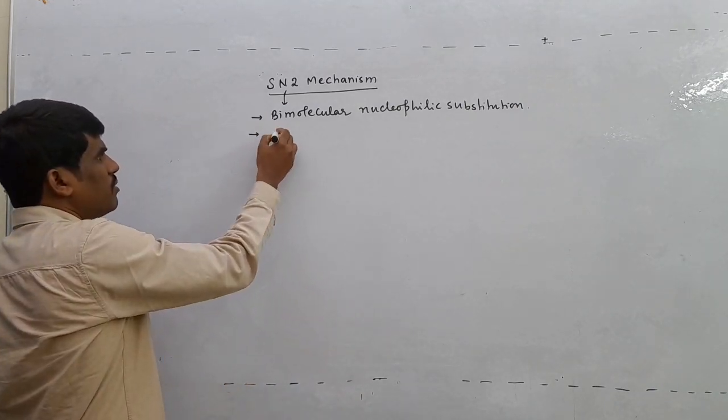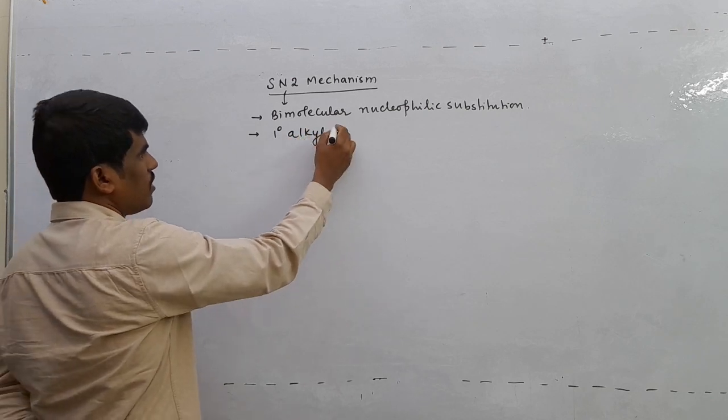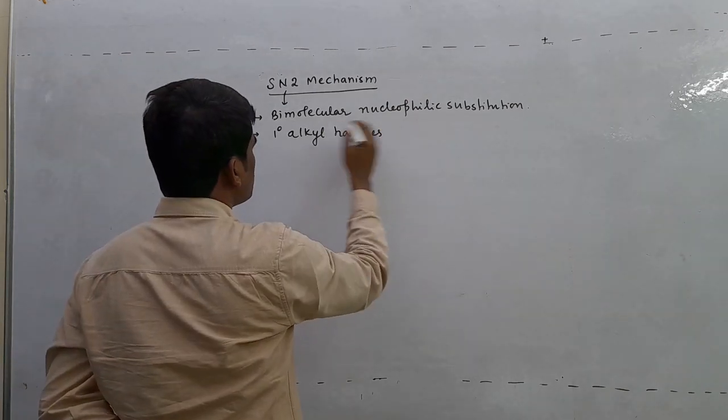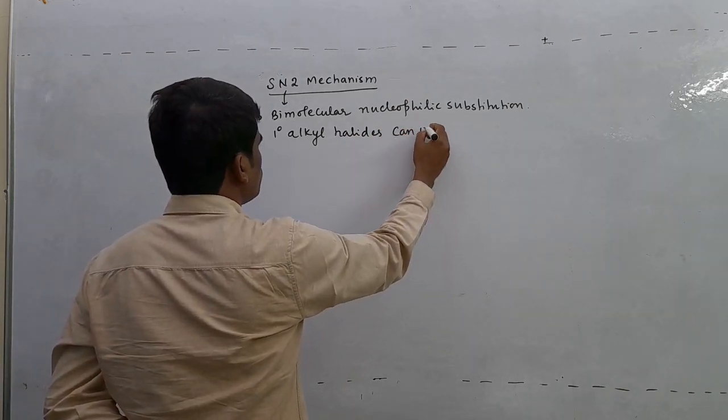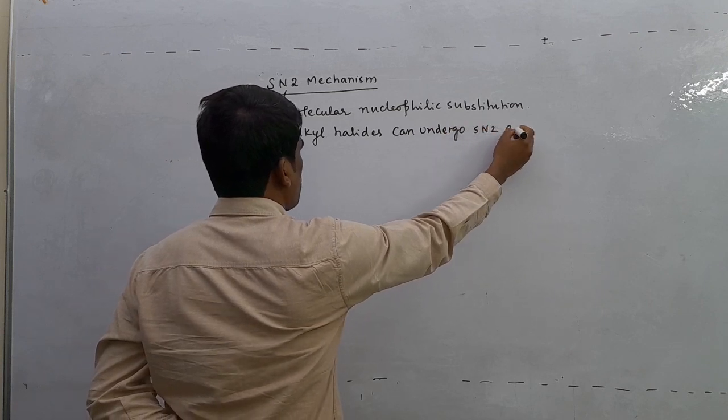Generally, primary alkyl halides can undergo this mechanism easily. This is primary alkyl. Primary alkyl halides, 1 degree means primary, can undergo SN2 easily.